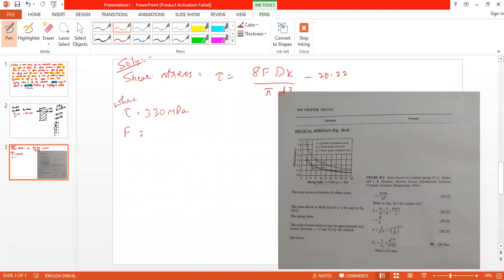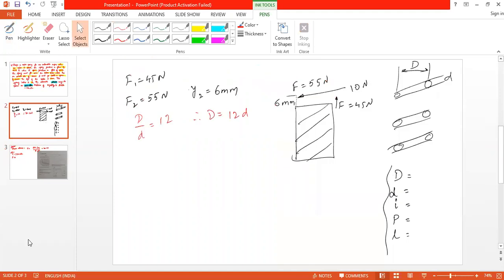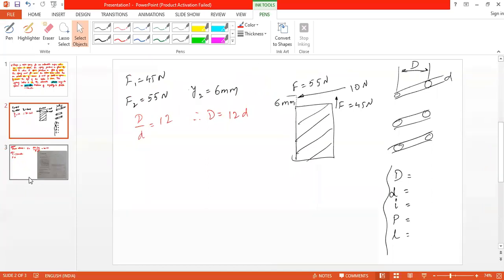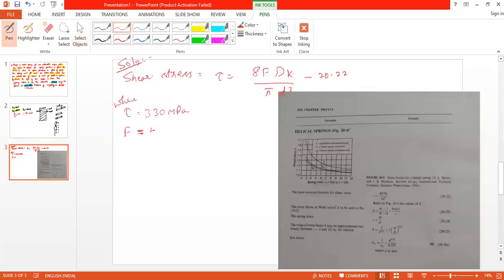And what is the value of F here? Here F is nothing but the maximum force applied on the spring. So what is the maximum force? It is 55 Newton. So F is 55 Newton.